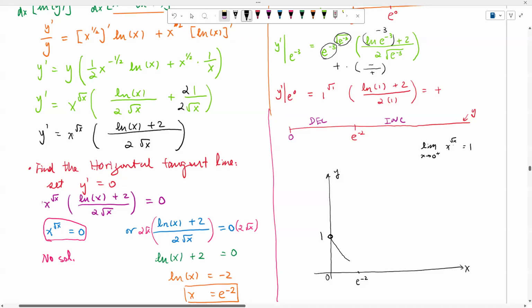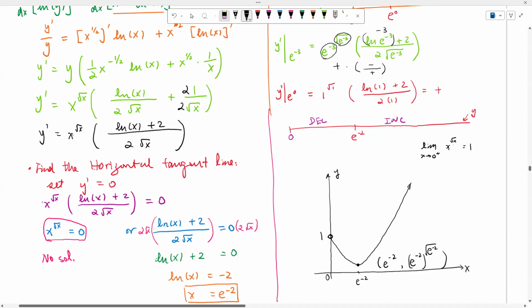We will have a local minimum at e to the negative 2, and then the function will go straight up. This point will be e to the negative 2, comma, e to the -2 raised to the power of square root of e to the -2.